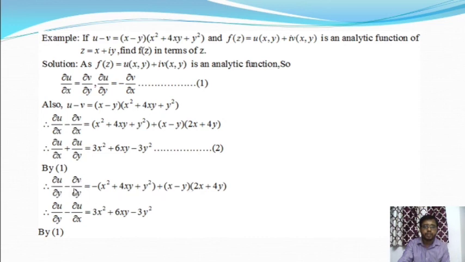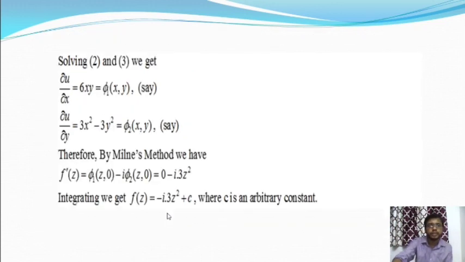Again applying the Cauchy-Riemann equation, we'll get del u del y minus del u del x is equal to this. So from equation 2 and equation 3, we'll get the values of del u del x and del u del y.